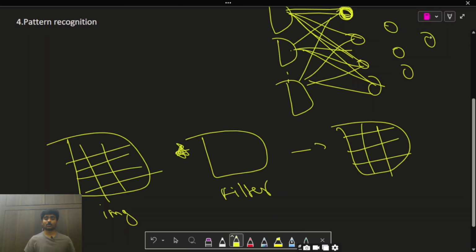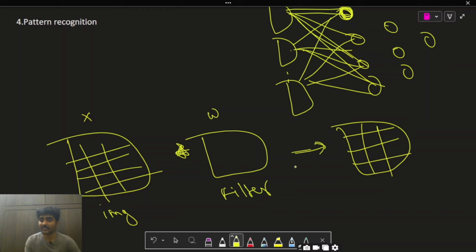With respect to a convolutional neural network, I consider this image as x and this filter as w. Why w? Because this filter has all the trainable parameters. After convolving the image with the filter, placing the filter over here and doing element-wise multiplication, I generate my feature map.